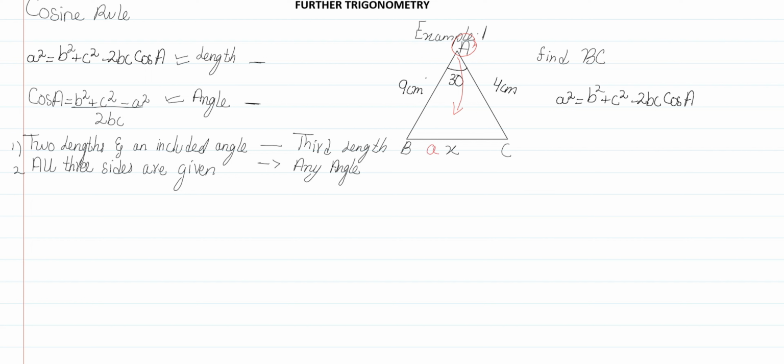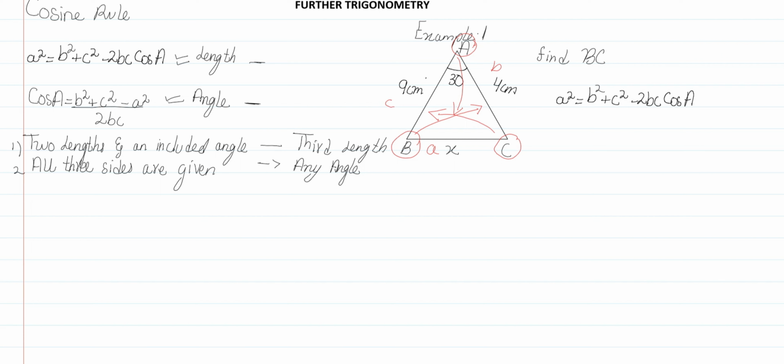This angle is C, so the opposite of this side is always the lowercase c, because it is opposite to the angle C, and this is B, so the opposite of B would be the smaller b. So BC is a, AB is c and AC is b.